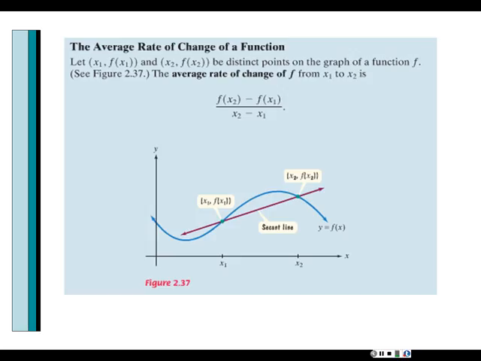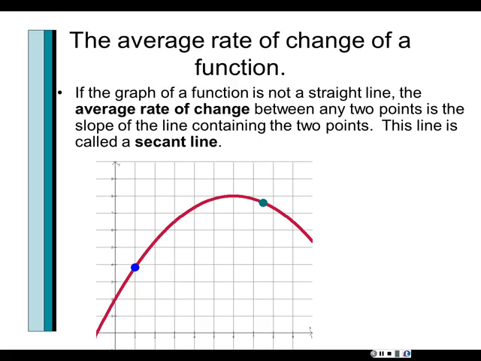This is still the slope, because look at this, f of x2 is basically what? y2, right? And f of x1 is y1, so still we are doing the slope. Let's say you have 2 points. If the function is not a straight line, the average rate of change between any 2 points here, let's say the blue point and green point, is the slope of the line containing those 2 points.